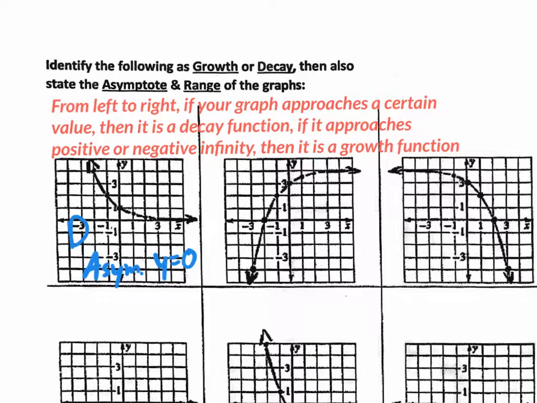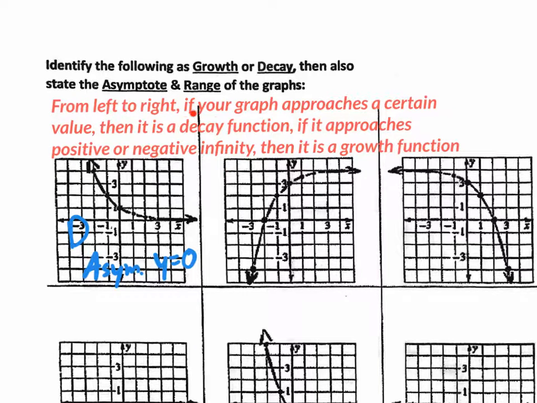So how about this next graph? Is it growth or decay? Everybody thinks it's growth, but it's actually a decay function. Now you're probably thinking, no, it's going up, it's growing. Okay, it is true that it's going up, but it's approaching the asymptote value.